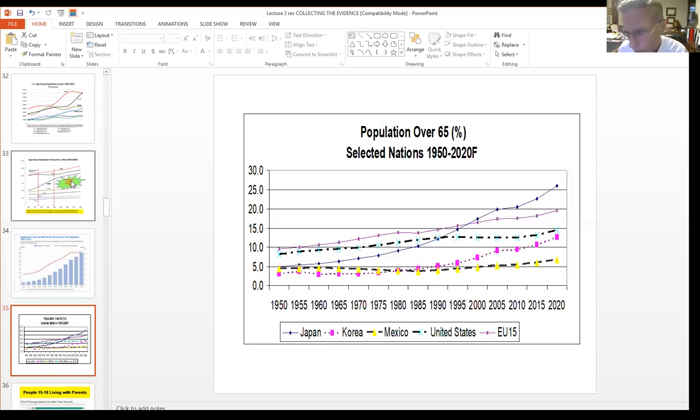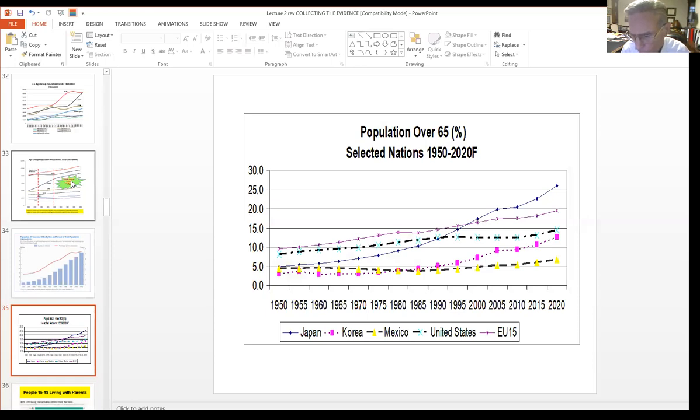What's the line just below it? Well, that's Europe, the Eurozone. Today there are, I believe, 18 countries that use the euro as their currency. But when this chart was done, there were 15, and as you can see, folks in Europe who are over 65 represent a larger portion of the total population than in the United States, which is the dark dotted line.